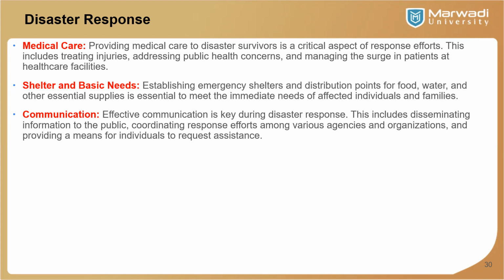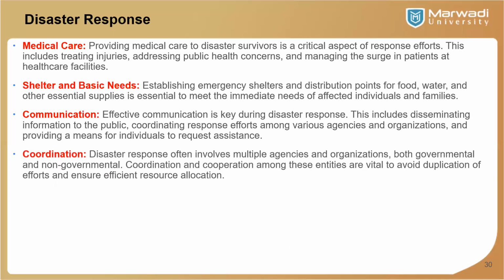individuals to request assistance. So communication is not only about giving information to the public, but it is also about coordinating the response between the various organizations and agencies involved in response to a particular disaster. And that could also help in providing assistance to an individual who requests help from the administration department.